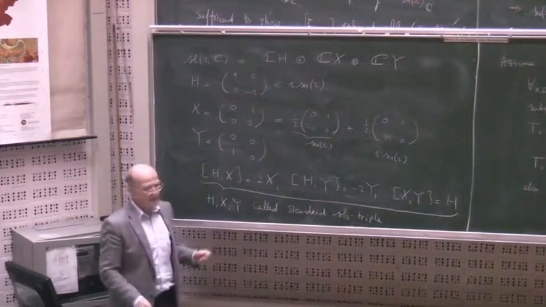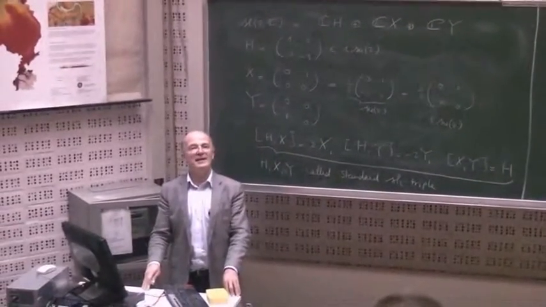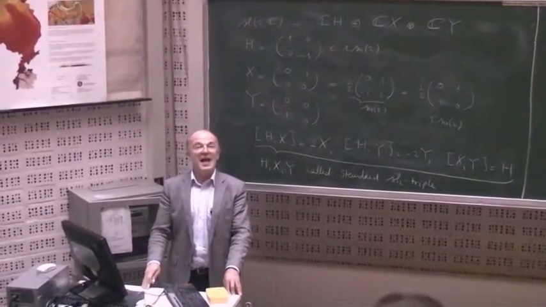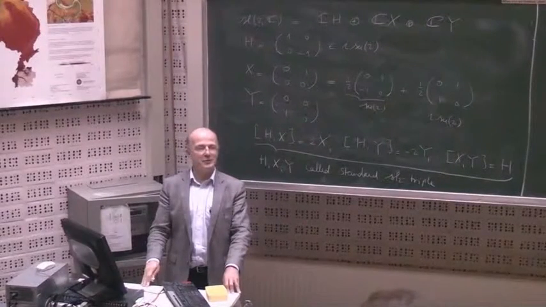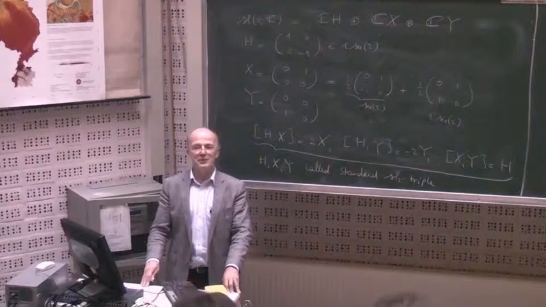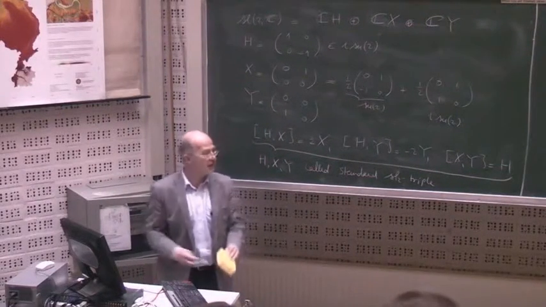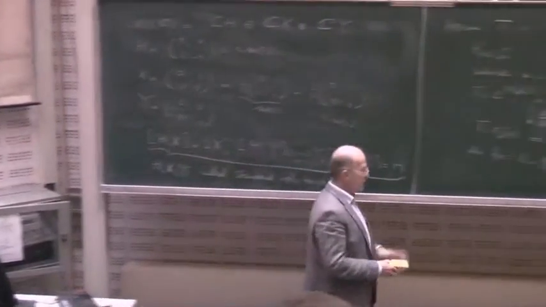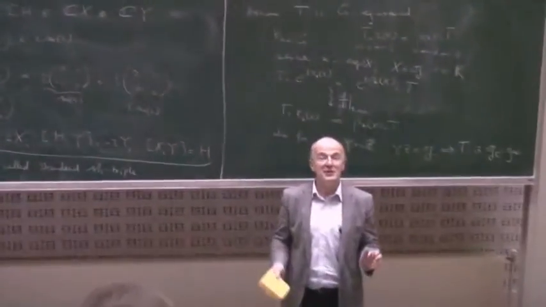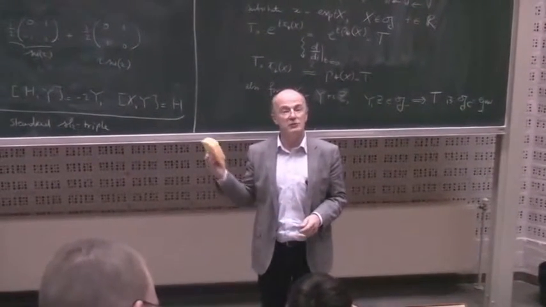And more generally, what we will see later is that compact Lie algebras, or rather their complexifications, have many standard SL2 triples inside them. And this makes it possible to get a complete description of their representation theory. This is something that we will discuss later. But then, of course, it becomes quite clear that we first have to develop in detail the representation theory of SL2.